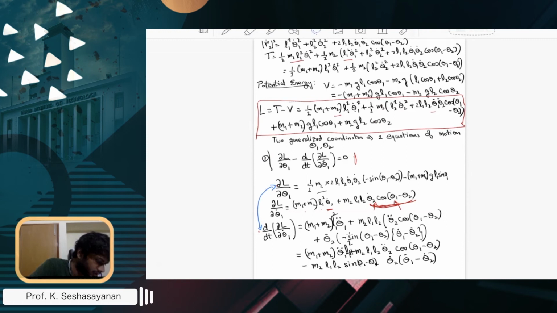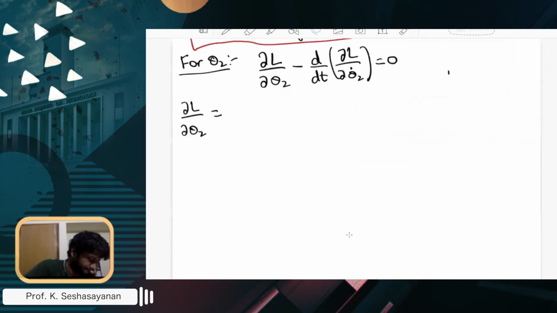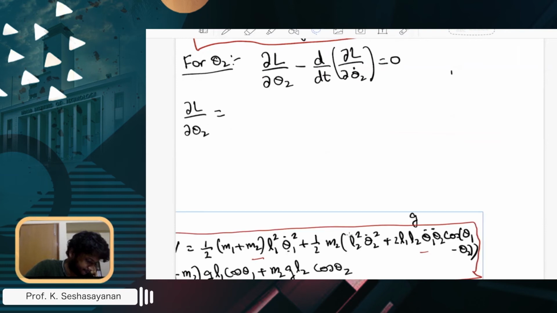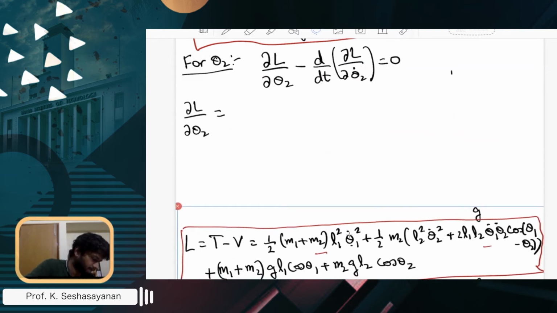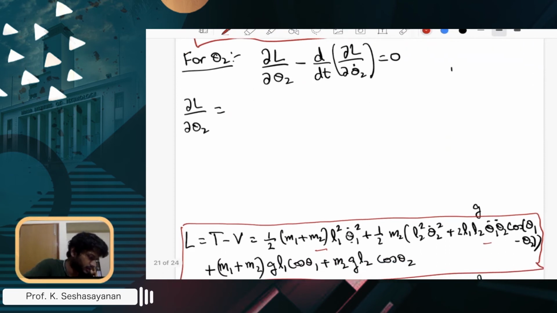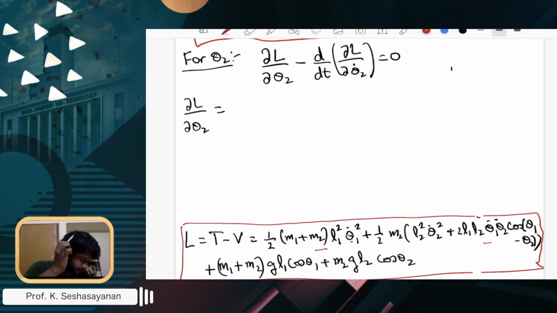So here one gets this part. There's one term which comes from here, one term which comes from here.